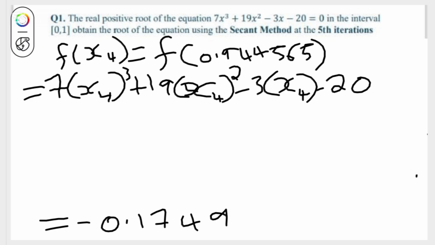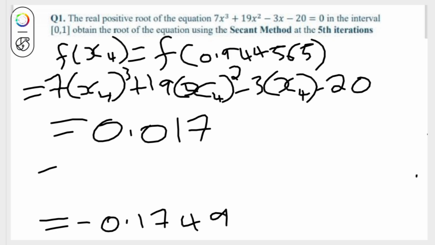So the next thing that I'm going to do is substitute this x4 as this value. So at the end it will be 0.017.